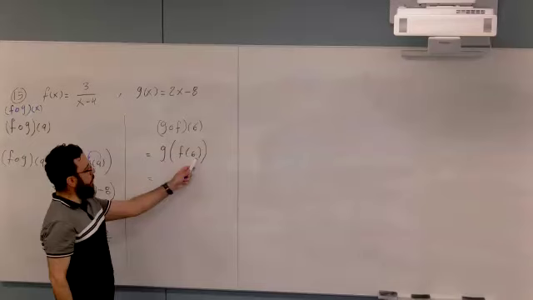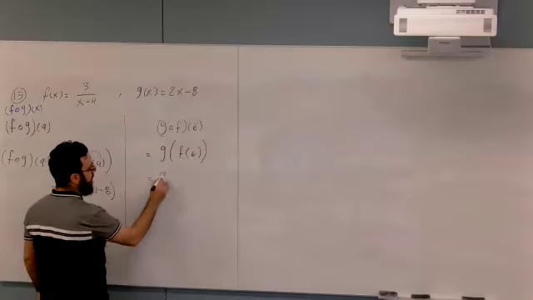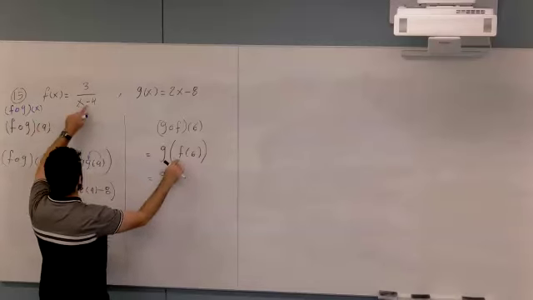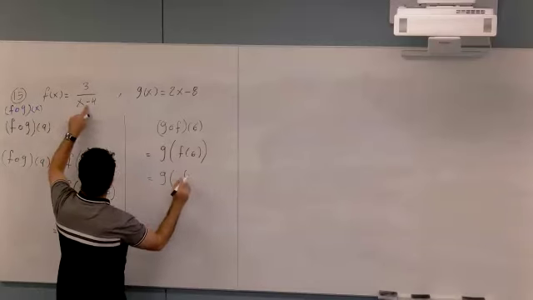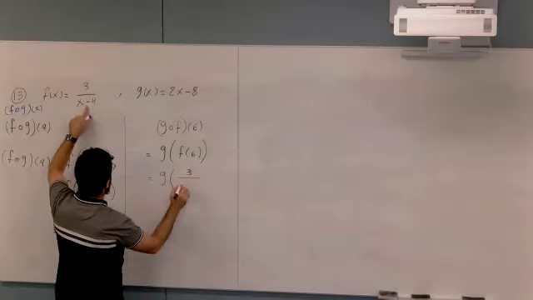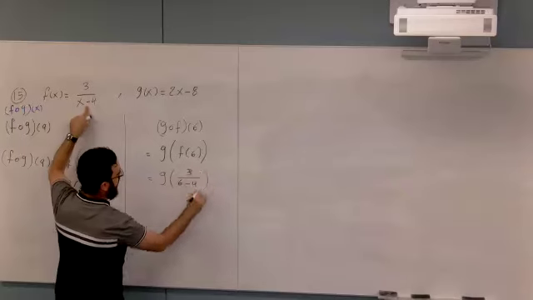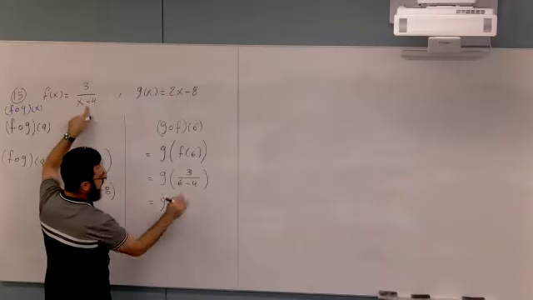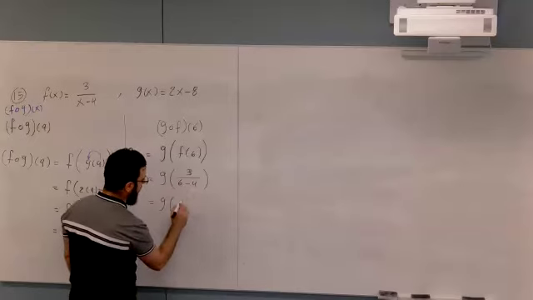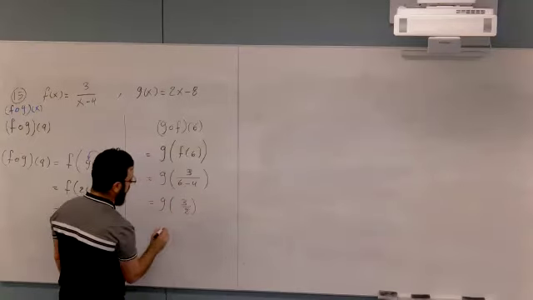So I'm gonna plug in 6 where? In the X in the F function here. So it's gonna be 3 over 6 minus 4. 6 minus 4 is 2. So it's gonna be 3 over 2.